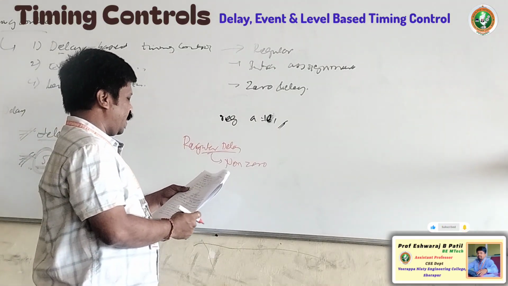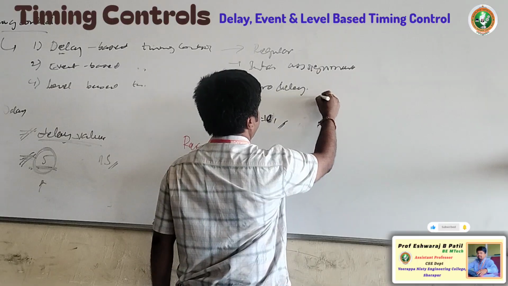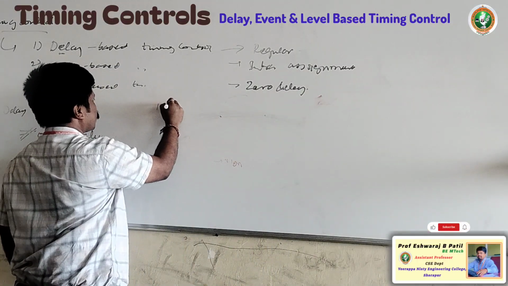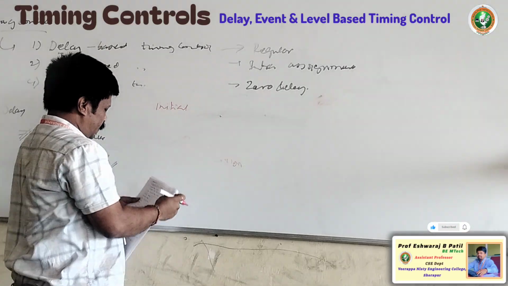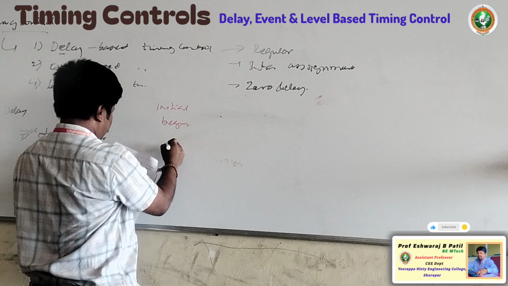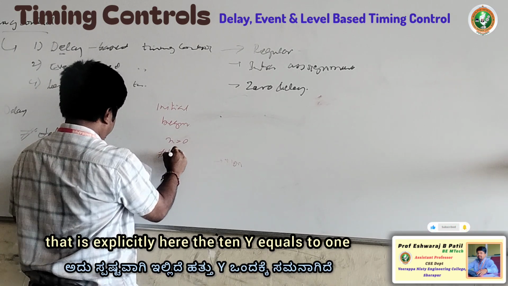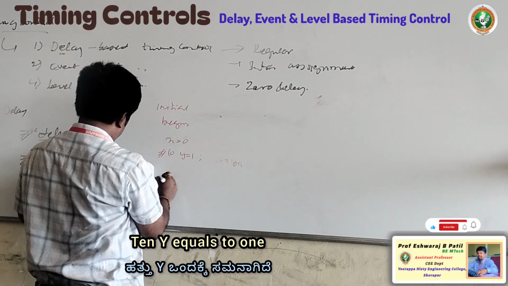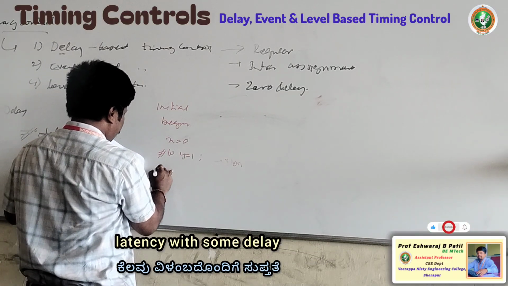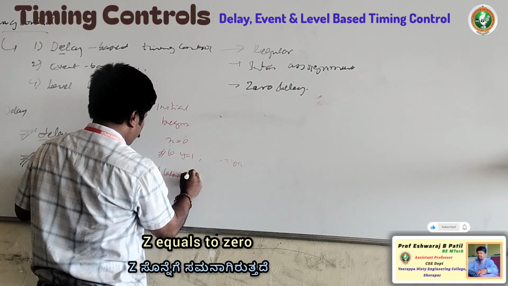Regular delays are used mainly for some initial values. You can also treat values as the initial. Let me write the initial block and begin. We mention x equals to 0 and explicitly y equals to 1, and we can also mention some latency, some delay, here as z equals to 0.